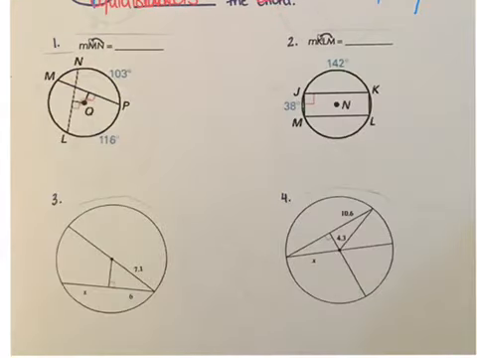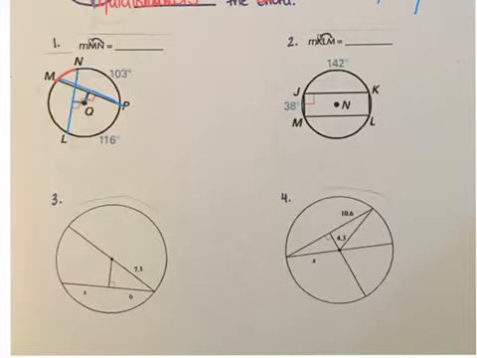So now we're going to look at a couple of examples. The first one asks us to find the measure of arc MN. So we're trying to find this arc right here. We have that this chord and this chord are perpendicular to the radius, and this tells us that these two chords are congruent.